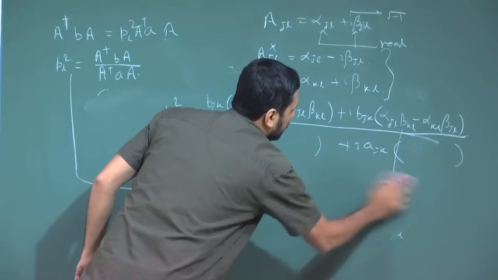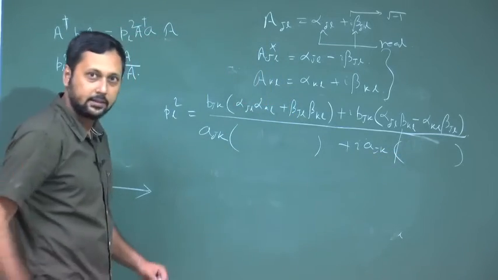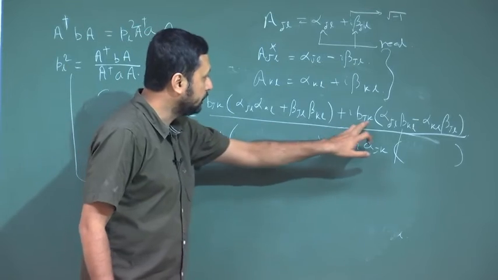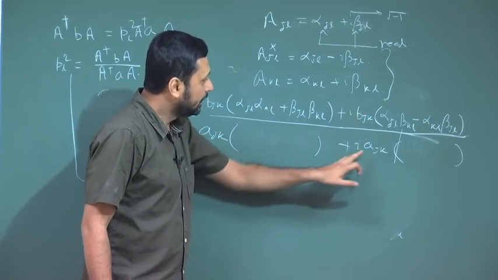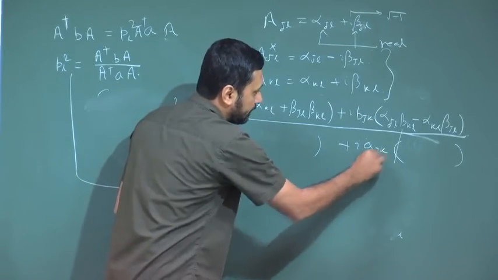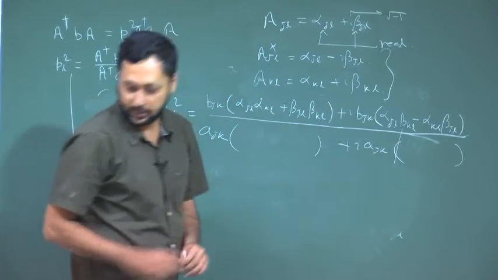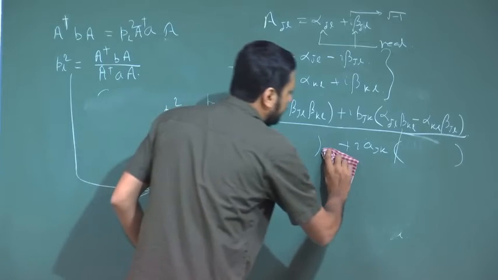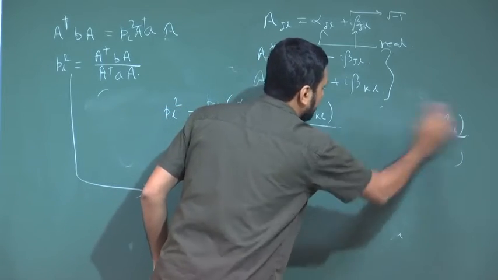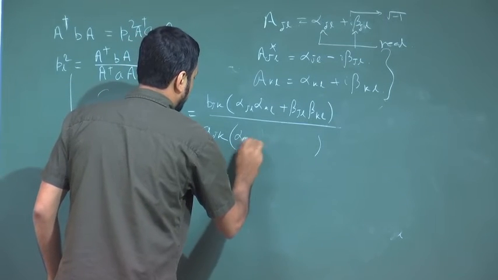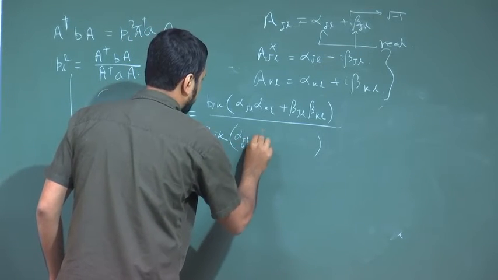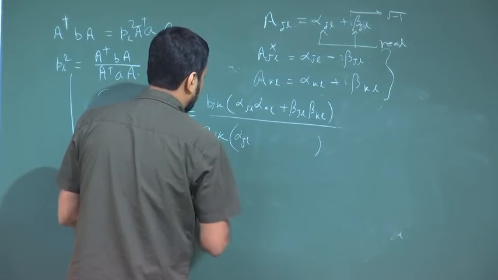Similarly for a_jk, because the only property we are using for that operation was the real symmetric nature of b_jk. A_jk are also real symmetric matrices, so the same thing will happen. At the end these two imaginary terms will cancel out and we will be left with this.